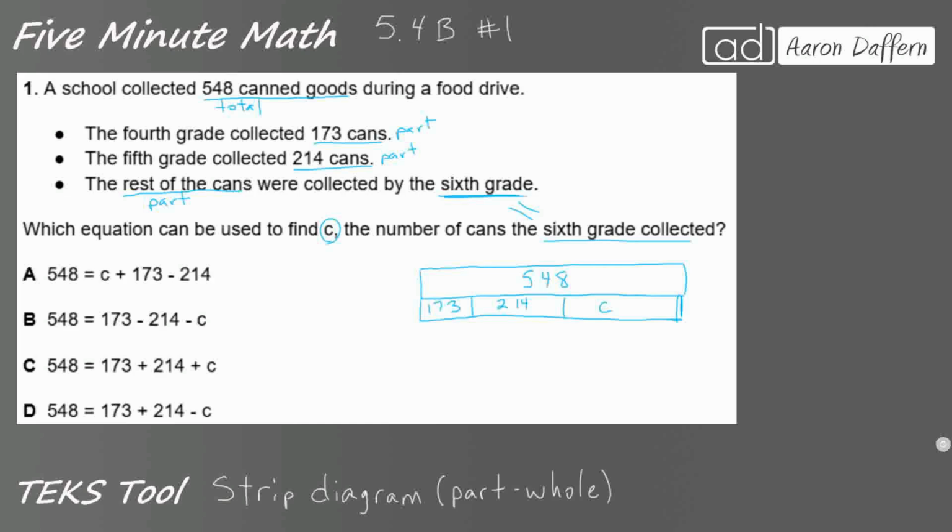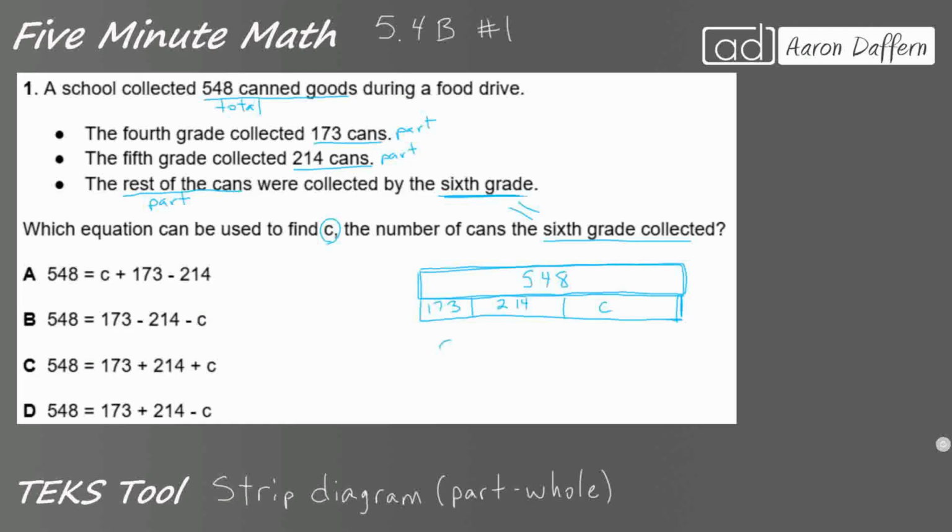And so there are two different equations that we can get from here. Let me show you both of them, and we'll see which one this problem asks for. One thing we can do is set both of these as equal to each other. So this 548 goes all the way across.